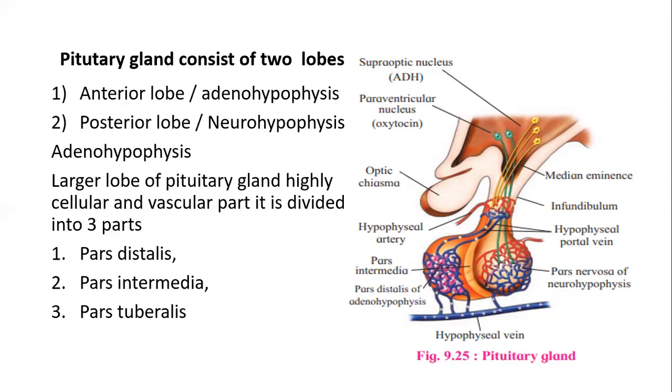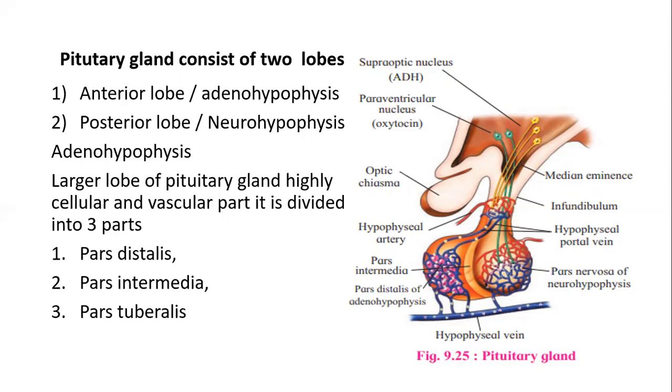So this pituitary gland consists of two lobes. First one is anterior lobe, which is known as adenohypophysis, and the other one is known as posterior lobe, neurohypophysis.